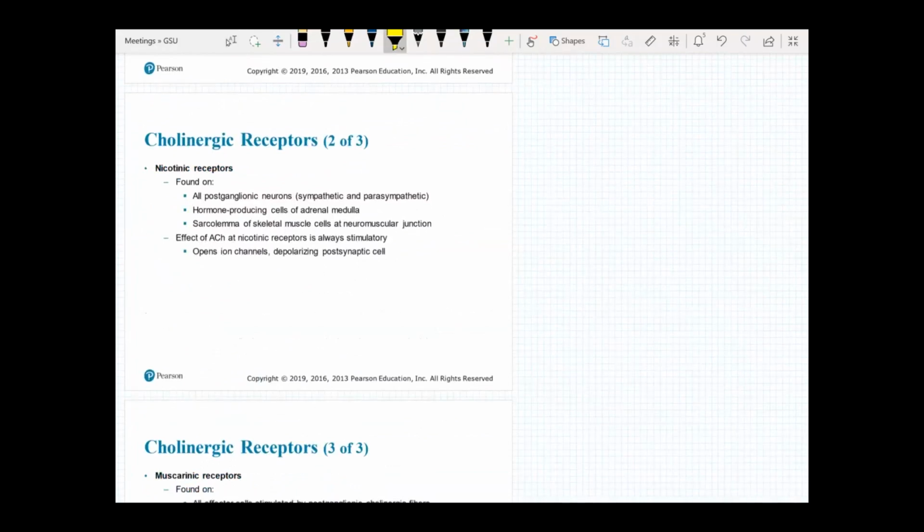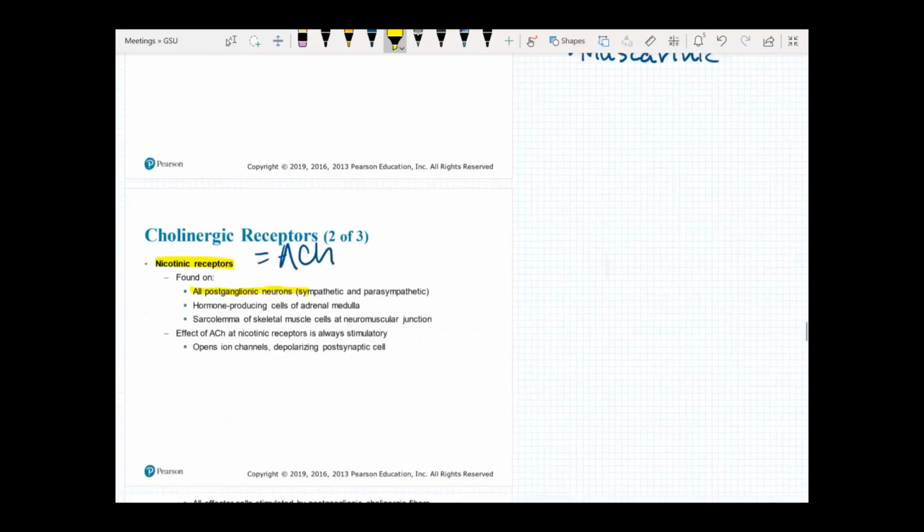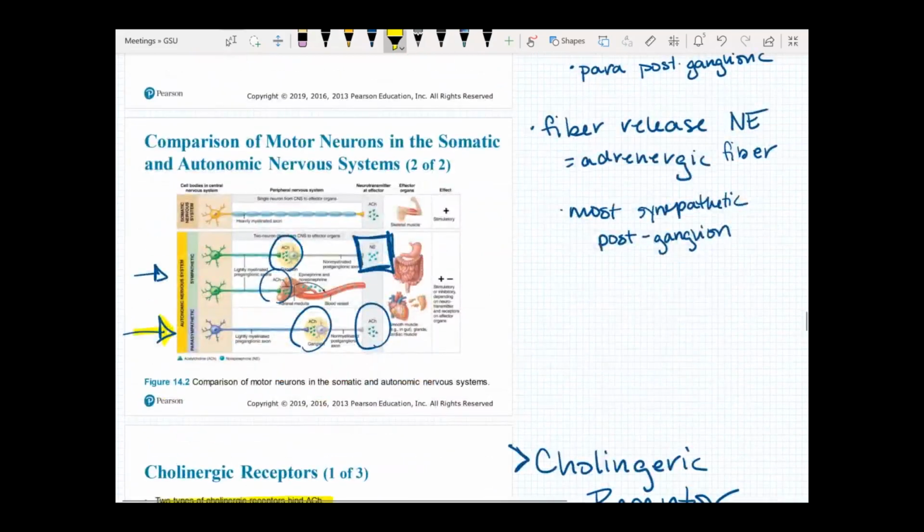Whenever you think nicotinic, just automatically think ACH. Nicotinic receptors are found on all postganglionic neurons, because remember, the postganglionic neuron is the second neuron. That's this guy right here.